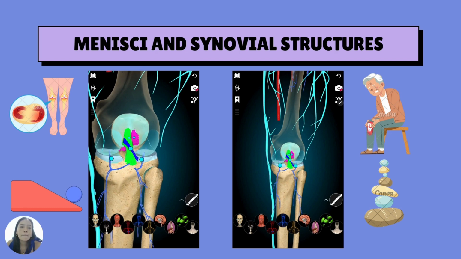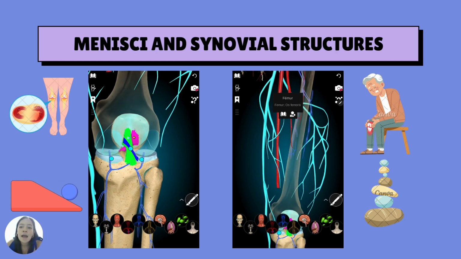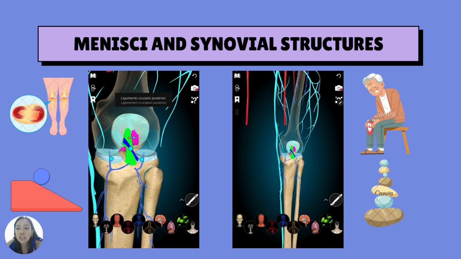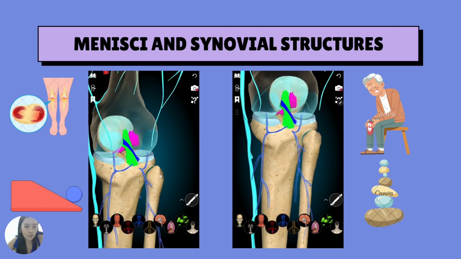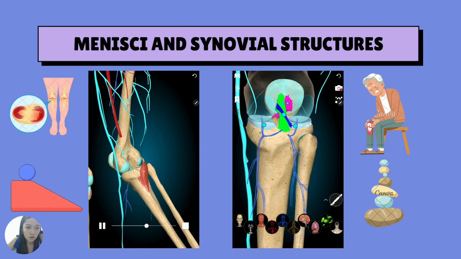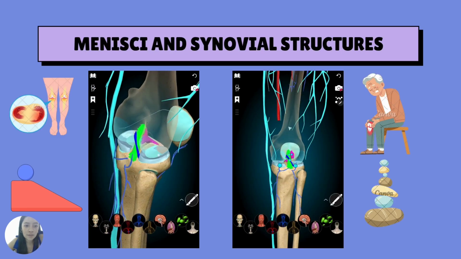Finally, we have the menisci and synovial structures. Between the femur and the tibia are the menisci, two crescent-shaped fibrocartilage pads. The medial meniscus is on the right side in this video.